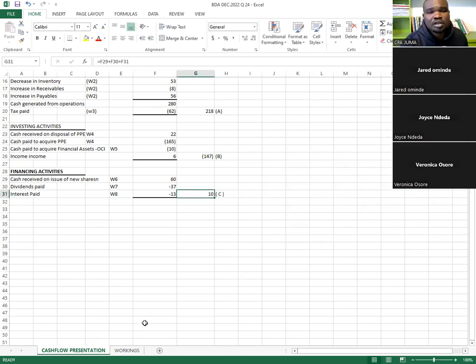Good. So net cash flow, or net changes in cash flow, whichever name you want.